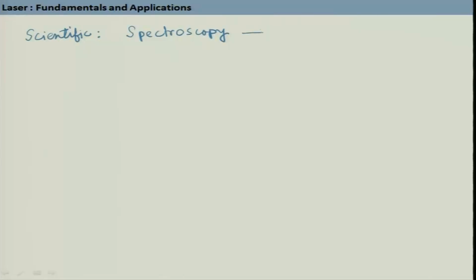So one of the largest contributions of lasers in this domain of spectroscopy is probably the nonlinear optics, where people generate newer frequencies by combination of different input frequencies. We will talk about nonlinear optics in quite some detail at a later part.